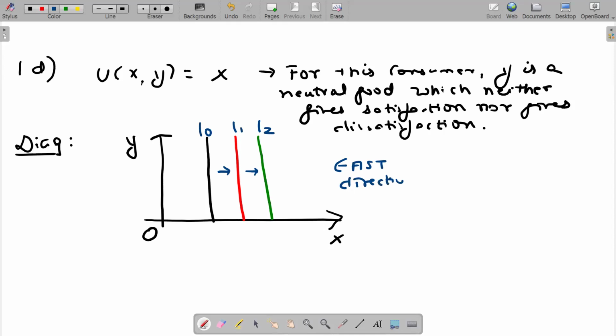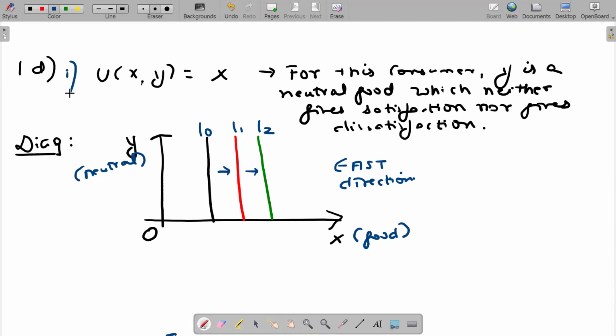This is my indifference map. In this case, I can also write that x is a good and y is a neutral. Whether you increase y or decrease y, you are on the same indifference curve, because y is a neutral for you.